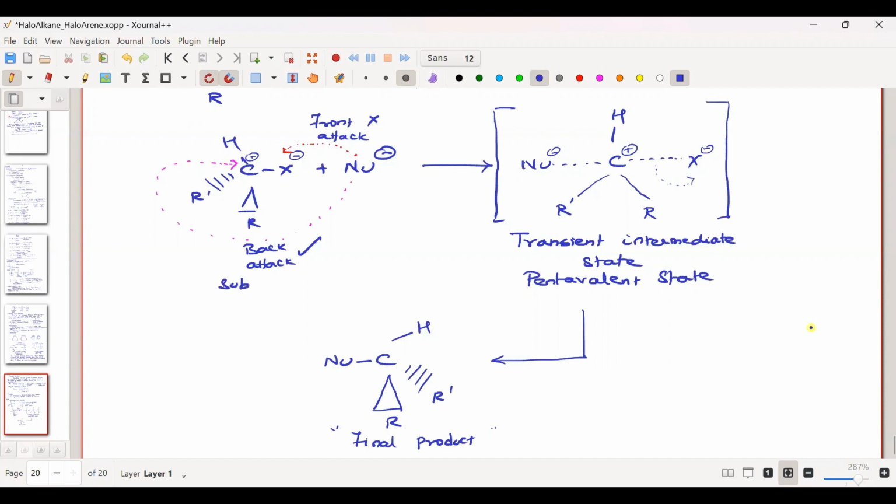This was your substrate. Do you see any difference between the substrate and the final product?